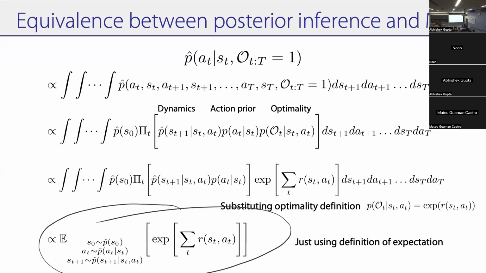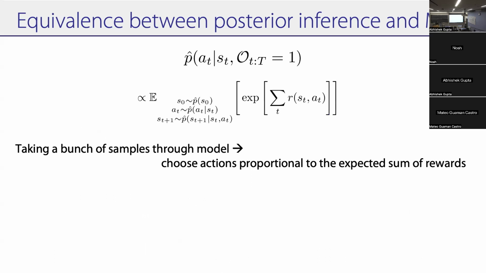This expression looks very similar to MPPI, where you sample a bunch of actions forward, weight them by the exponentiated sum of rewards, recompute the mean, and then sample again. So you've reduced the posterior computation to rolling things forward through the model, computing the exponential sum of rewards, and weighting things that way.